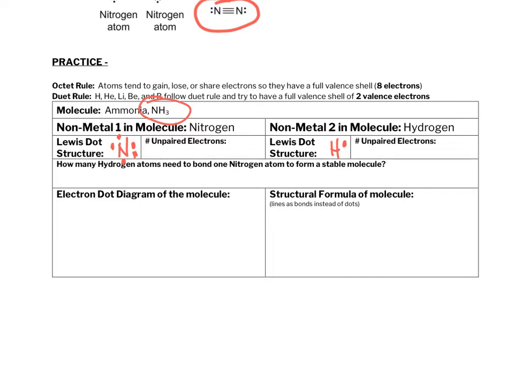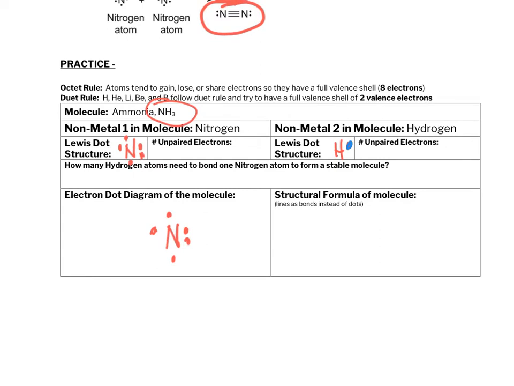Now, we could start with the nitrogen, and then we could add in the hydrogen. Remember yesterday we did it with a blue dot, so I'm going to do that. I'll put the hydrogen here with its electron, another hydrogen here, and another one here, each bringing in its one electron that is shared.